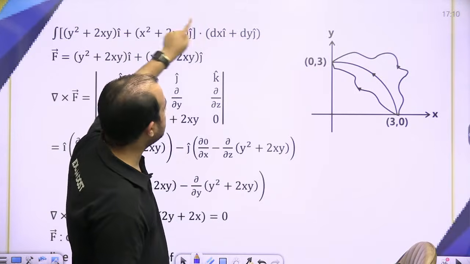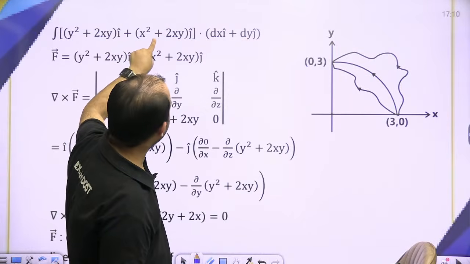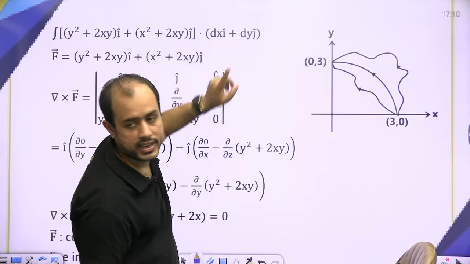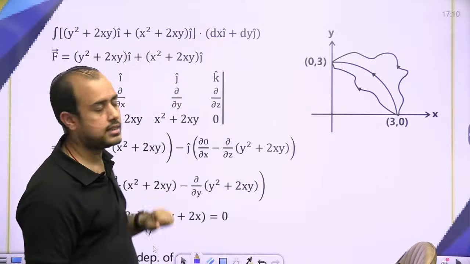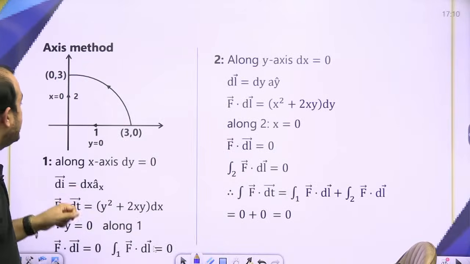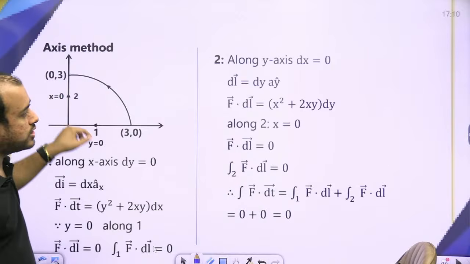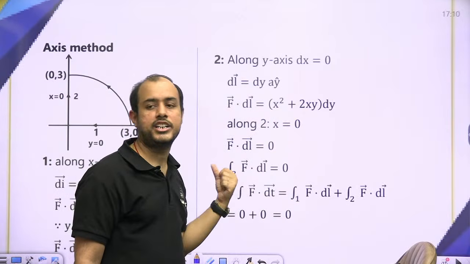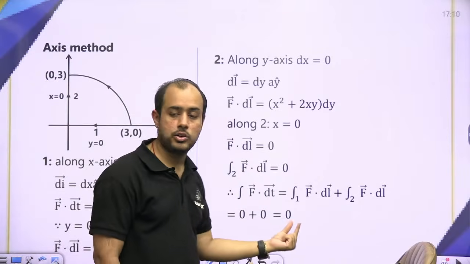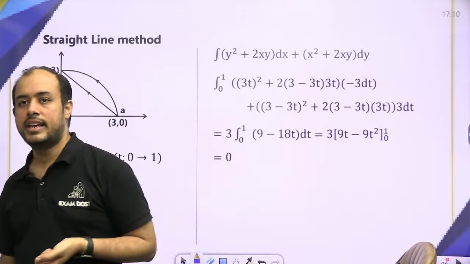So I dot j will be 0, and you will get x square plus 2xy dy. Understood? From the second term's dot you get x square plus 2xy dy. Now here x is 0, so x square plus 2xy is 0. Again the integration is 0. So 0 plus 0 is 0.